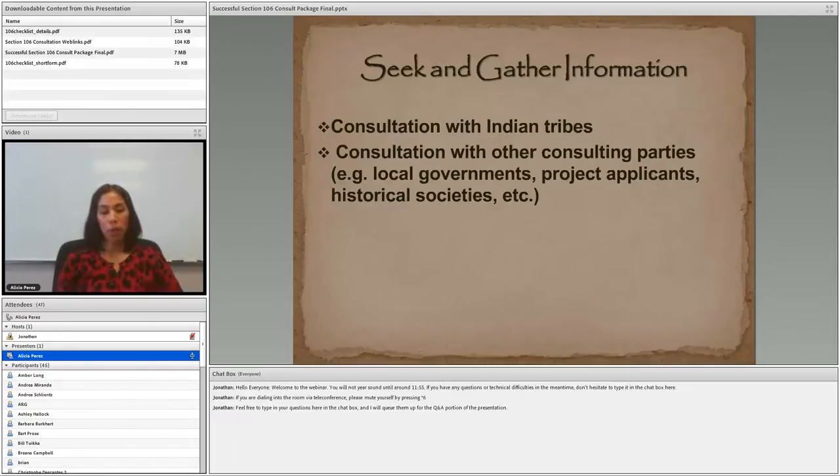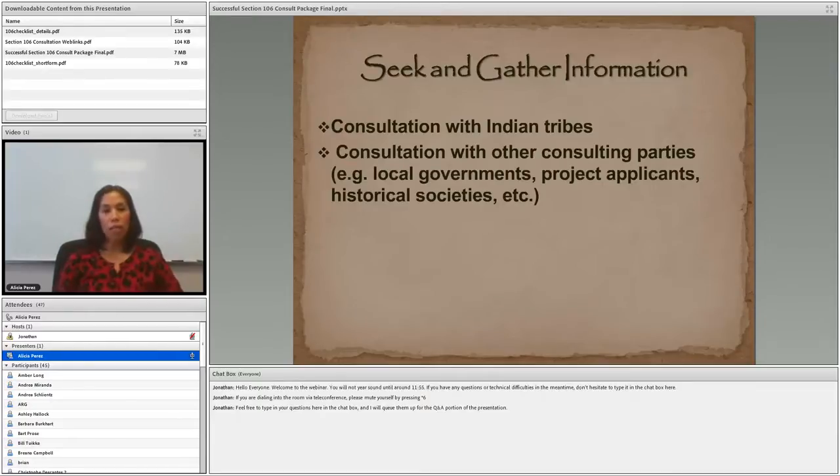You definitely want to describe all correspondence to date. Again, you don't need to include all of your correspondence. So for instance, if you sent the same letter to all of the tribes on your contact list or same letter to historical societies, you don't need to send copies of every single letter. Just include maybe just the template letter is completely fine.